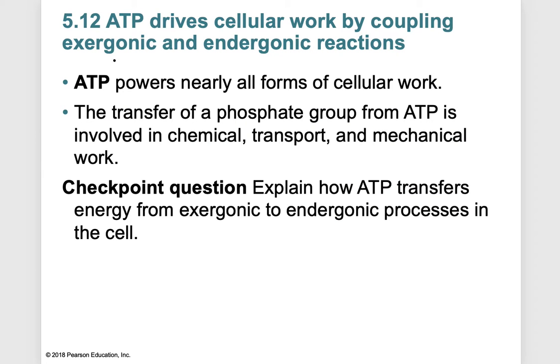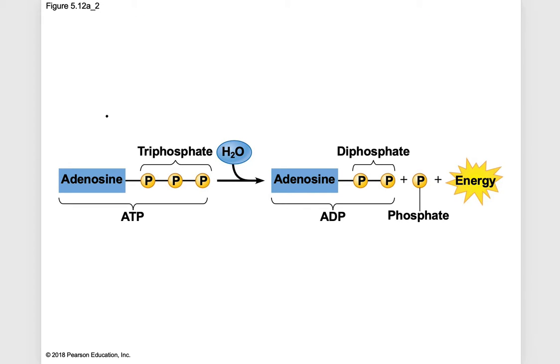All right, so we talked about ATP before, but this powers pretty much everything, all forms of work that our cell has to perform. The way it does this is that we have this adenosine, and let me show you a picture. We have a molecule of adenosine, and then we have 1, 2, 3 phosphate molecules, right? So adenosine triphosphate. Tri means 3.